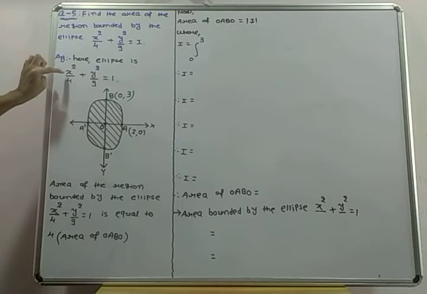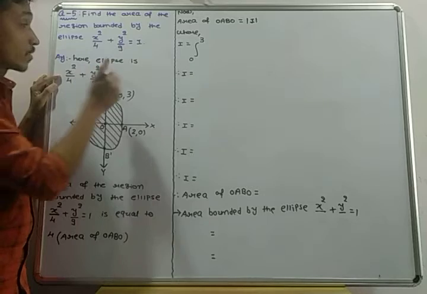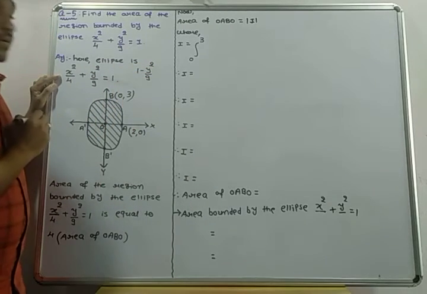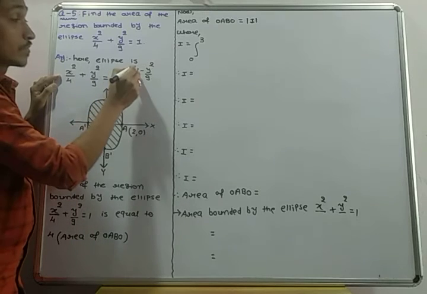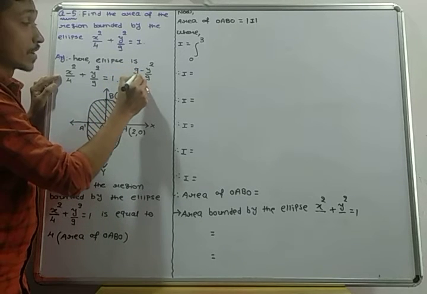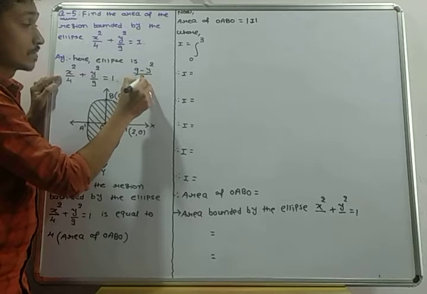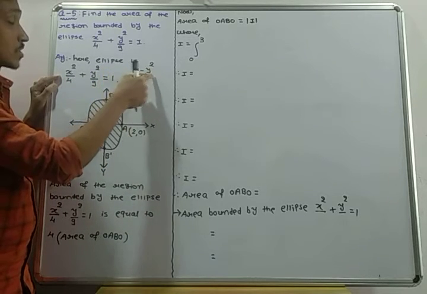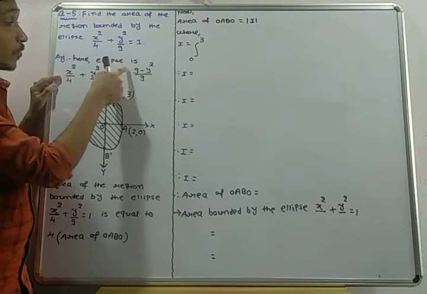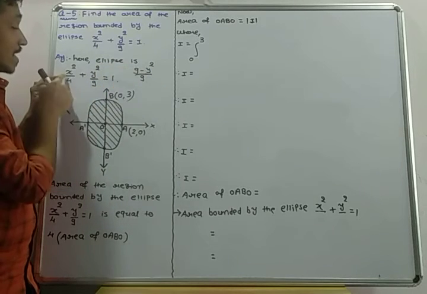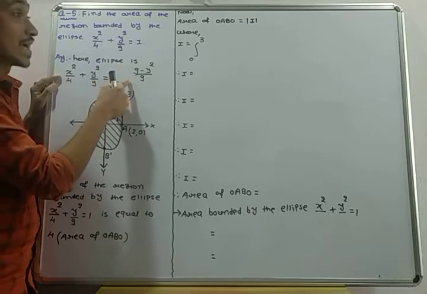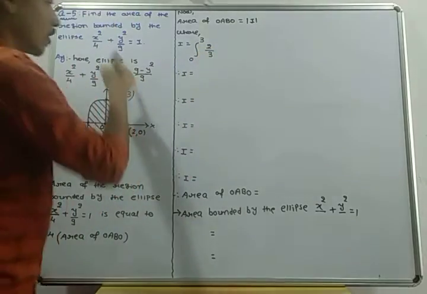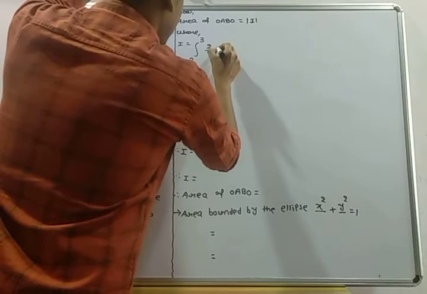So finding x: x square by 4 equal to 1 minus y square by 9. Taking the 9 LCM, 9 minus y square whole divided by 9. Now 4 goes up, so x square equals 4 by 9 into 9 minus y square. So x equals root of 4 by 9, which is 2 by 3, and under root 9 minus y square.